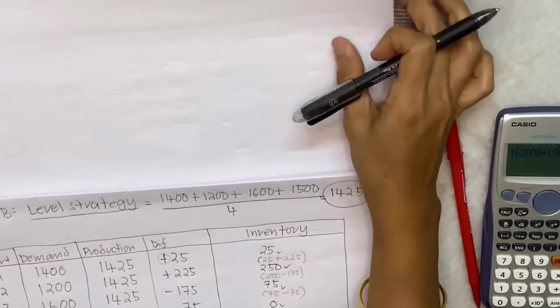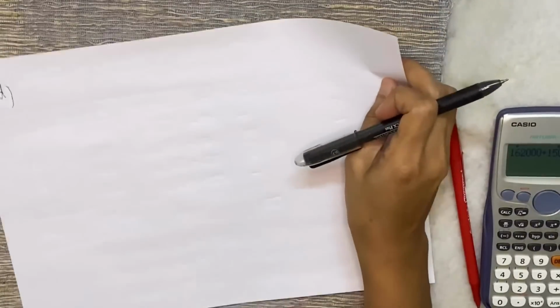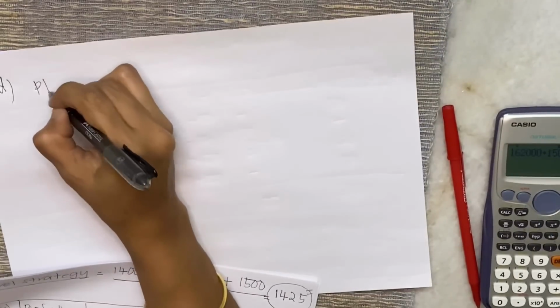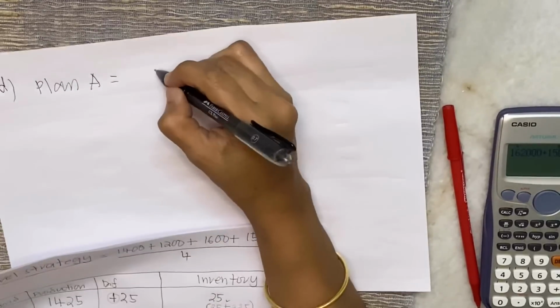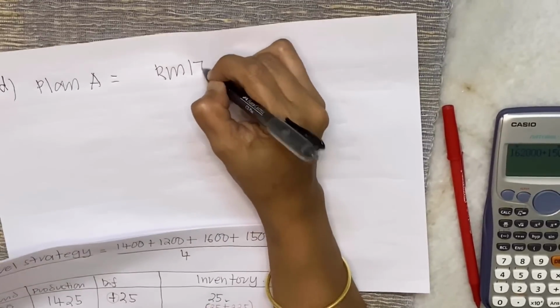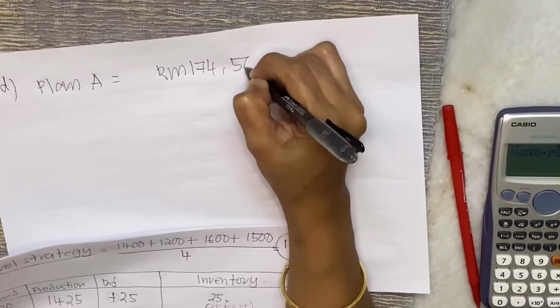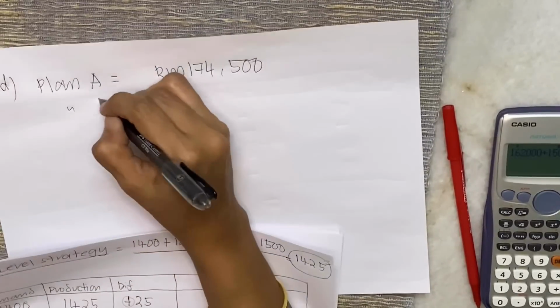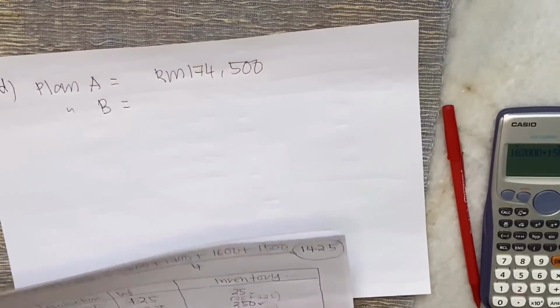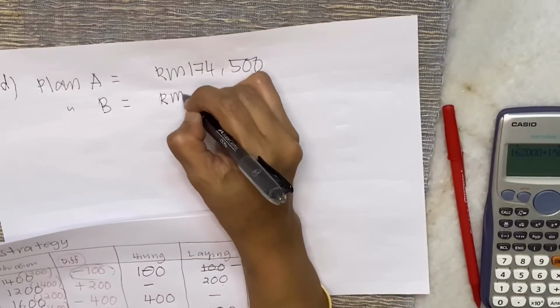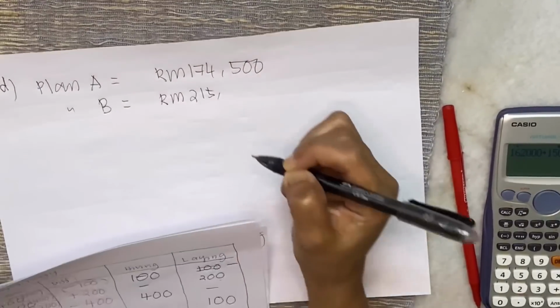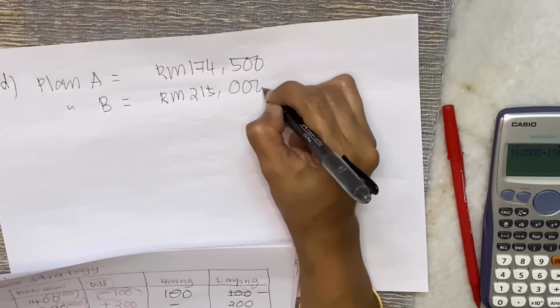They ask us to determine. So if we can compare our plan A. So our plan A, the total cost is RM174,500. Our plan B is RM215,000.